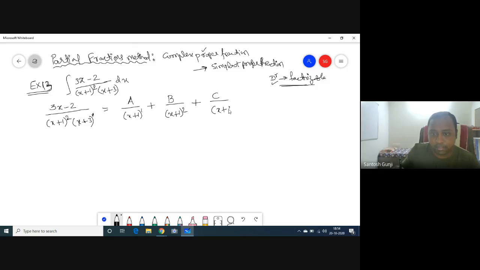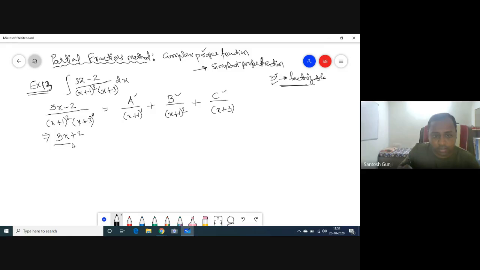So if you take the LCM on both sides, you can find the values of A, B, and C separately, one after the other. The LCM would remain the same, so it would get cancelled.